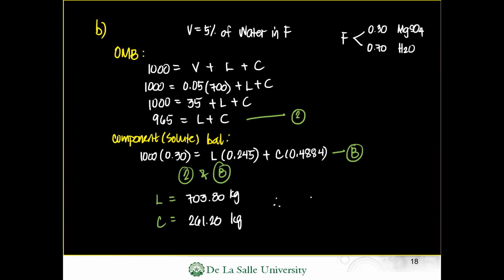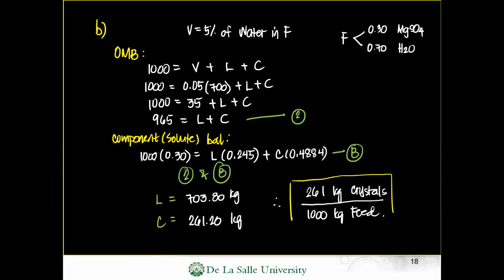So you're being asked to solve for the crystals formed. The yield is 261 kilograms of crystals per 1000 kilograms of feed. So this is your answer.